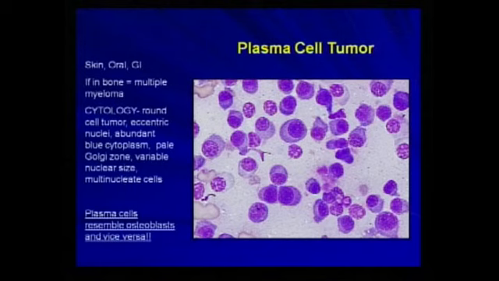or plasmacytoma. Both of these neoplastic cells are densely blue because of the high concentration of rough endoplasmic reticulum in the cytoplasm. Rough endoplasmic reticulum is high in protein. It stains blue because osteosarcoma cells are making matrix and plasma cell tumors are making antibodies.